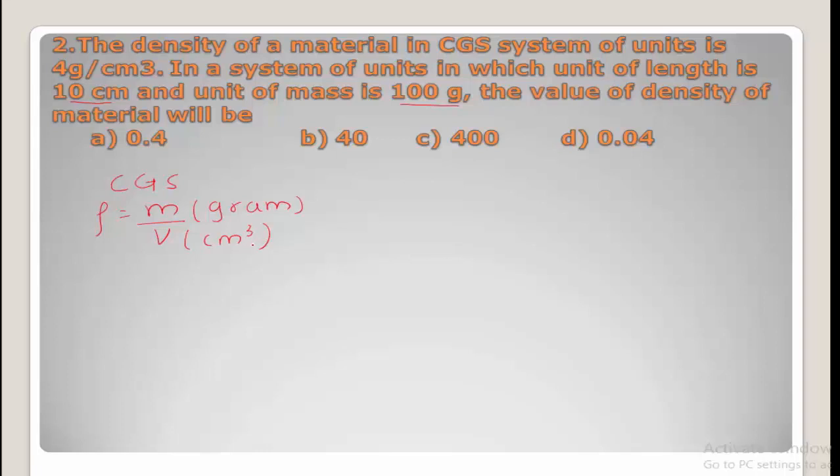So now there is a system in which the length is increased by 10 centimeter and the unit of mass is increased by 100. So if you increase the length and mass values, then obviously the value of density also changes. So how much will be the change? Let us find out.